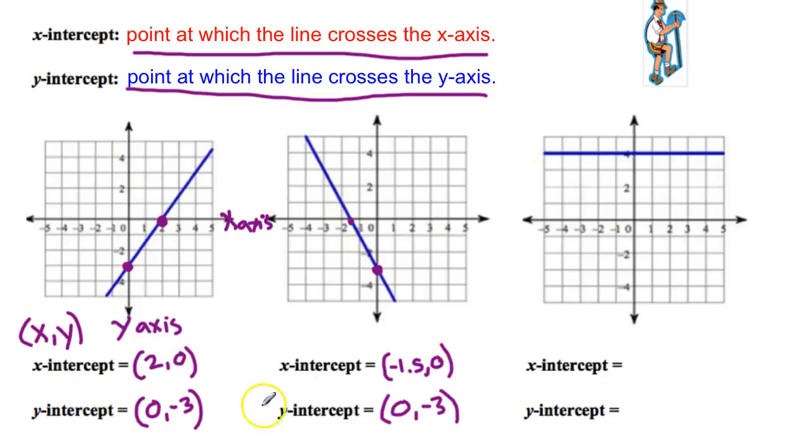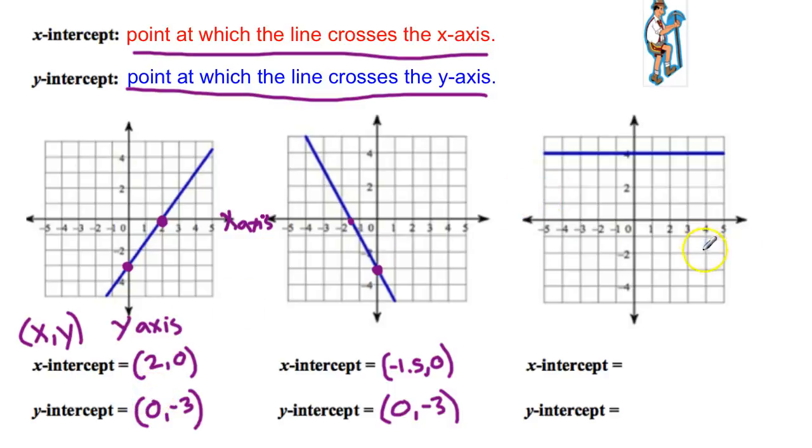And if you look at the y-intercepts, the x value, both of those are 0 too. So another definition besides the point where the line crosses, you can say the x-intercept is when y is 0, and the y-intercept is when x is 0. So there's two ways of looking at intercepts.